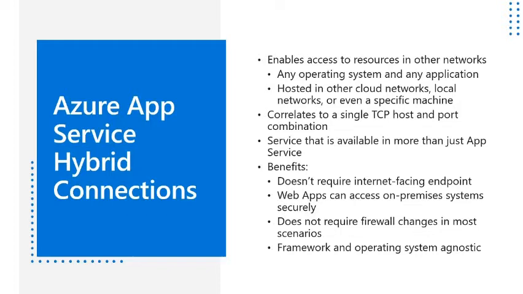And it can correlate to a single TCP host and port combination. So Azure App Service hybrid connection is really beneficial when you want to connect with your on-premises resources.